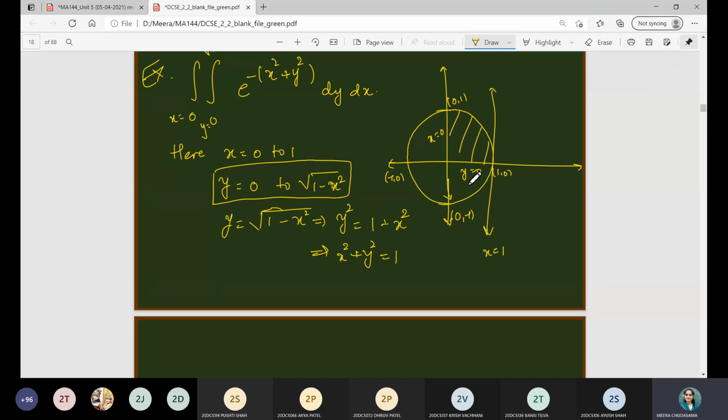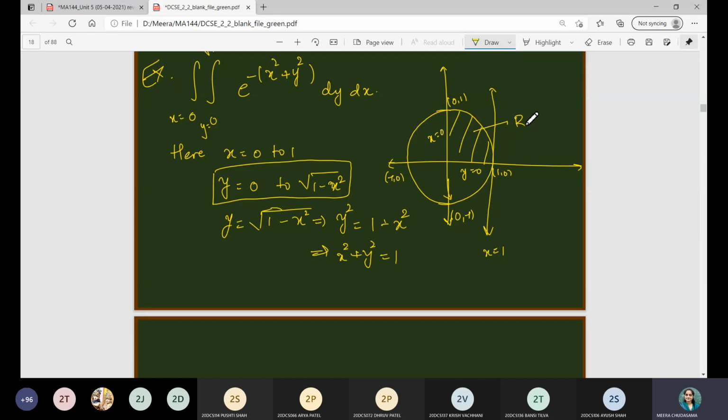All these things you have already considered before in this semester, but I am just recalling it because we need this kind of concept in future. So the upper half circle is considered when y limits are 0 to positive square root and x is 0 to 1. The intersection of all these gives the region shaded in the first quadrant. So this is the region we are given.